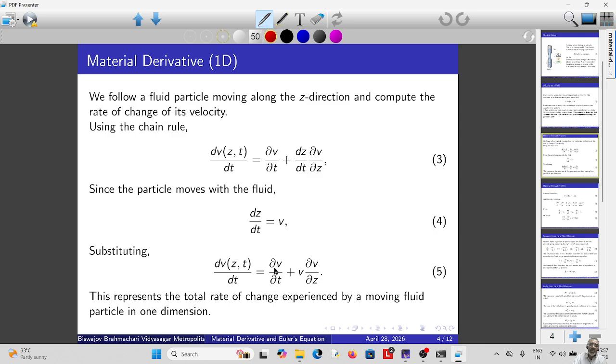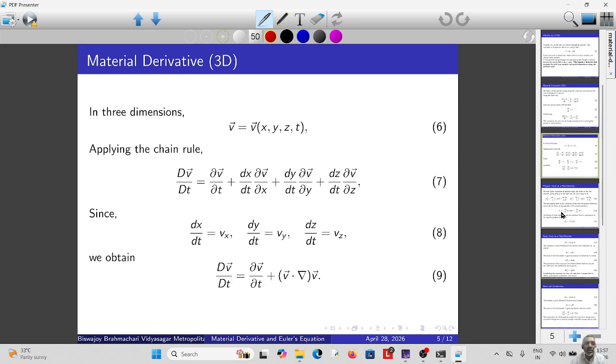Now the operator is ∂/∂t plus v ∂/∂z. And in 3 dimensions, it will be x, y, z and t. So velocity will be a function of 4 variables x, y, z and t. That means if we want the total derivative of v, so first of all there will be a ∂v/∂t term, then there will be 3 terms because of x, y, z.